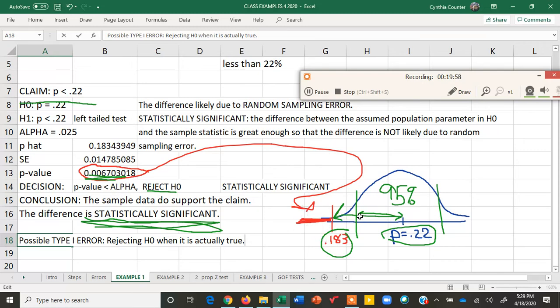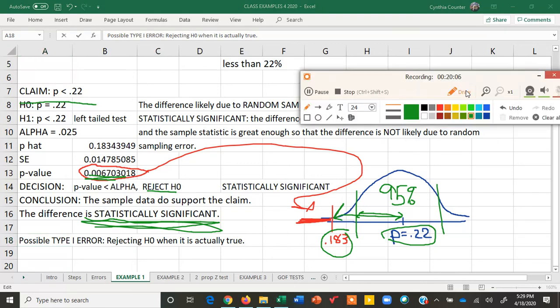Right? If anything moves beyond the middle 95%, anything beyond that would be considered unlikely, and therefore we would reject the null hypothesis, right? So in this picture here, this distance here, that's the 2.5%. That is alpha, okay?